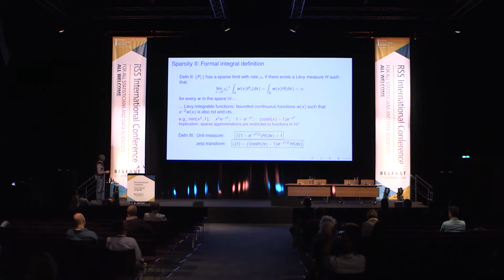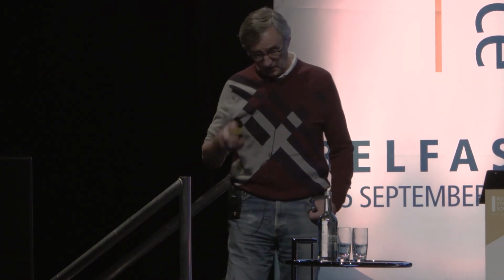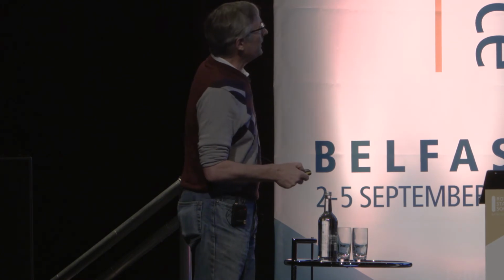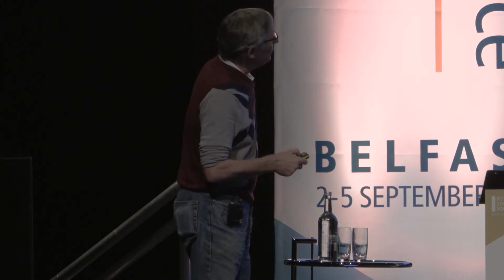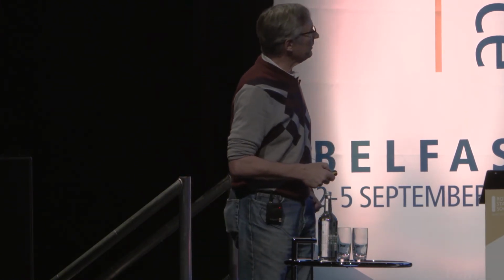This is for all functions w in a particular space of Levy integrable functions, functions that are bounded and quadratic at the origin. Any integral of this type that I get, I can replace with rho times an integral against h. That's basically all it is. So that's the modified definition, essentially the same as I had written in the previous transparency.